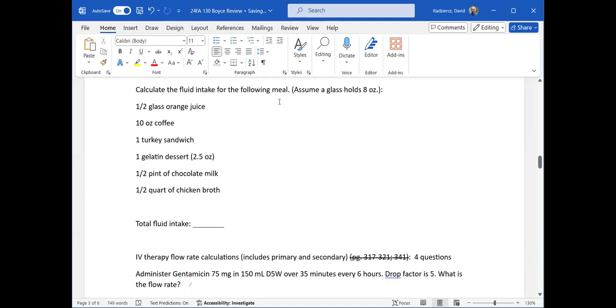Really, the only thing that's going to change here is the amount of ounces, pints, quarts, cups that you'll see sometimes. I've had students say, this will be like 2 gelatin dessert, 2.5 ounces. The way I interpreted that was 2.5 ounce desserts, so a total of 5 ounces.